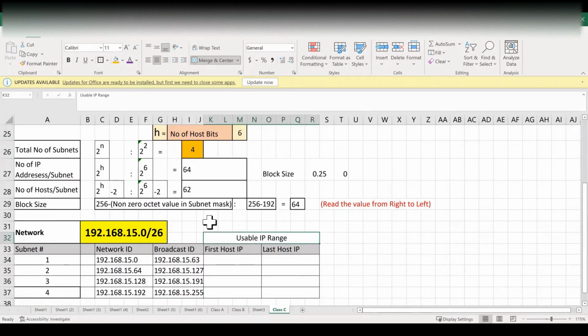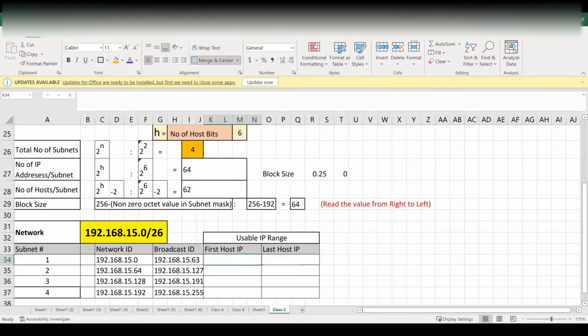Next, we are going to find out the usable IP ranges. These usable IP addresses normally lie in between this network ID and broadcast ID. So our first host IP is the next IP address of network ID. So to get the first host IP address, we have to add one IP address to our network ID.